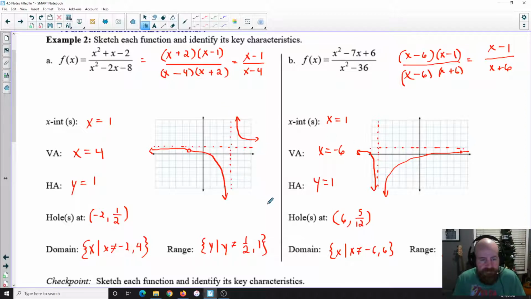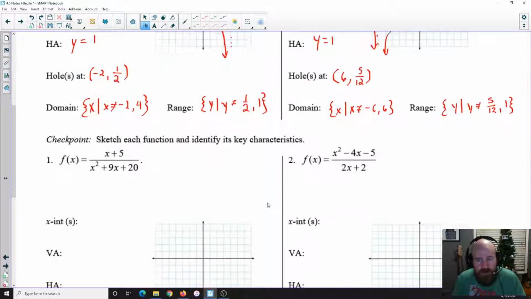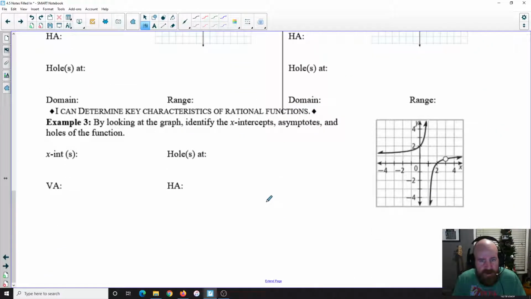All right. Go ahead and skip those checkpoints real quick. I just want to talk about this last one. This is going to be pretty quick. So we're looking at a graph, and we need to be able to identify our key items here. X-intercept. So we have an x-intercept at x equals 2. We have a hole. So a hole shown right here. So open circle.